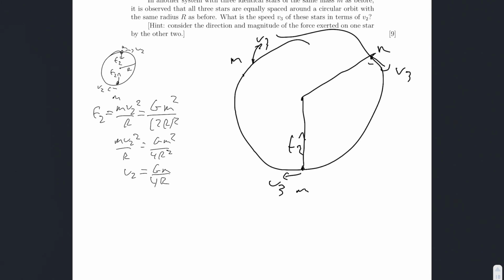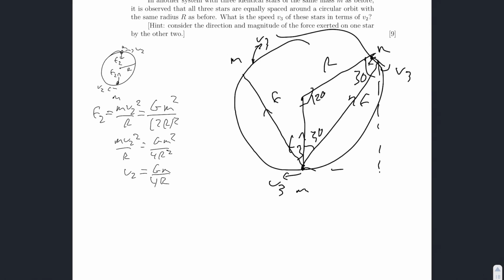And then here we actually have a force we're going to call F3, but the actual force is going to be like here and there. So now we've got to work out what this angle is. This is just 360 over 3, which is 120, which leads to this being 30, and this being 30.